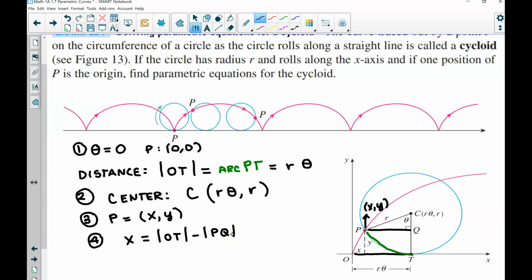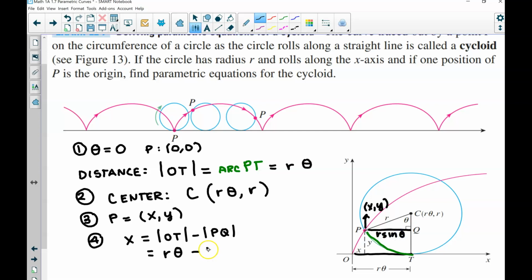If you notice down at the bottom, the distance from O to T, which was given from the arc equation, is R times theta, minus PQ. Well, PQ represents a right triangle, and if you recall, that distance is R times the sine of theta.